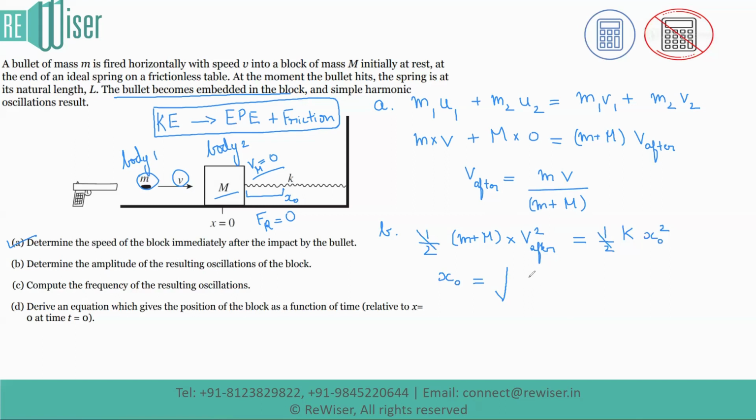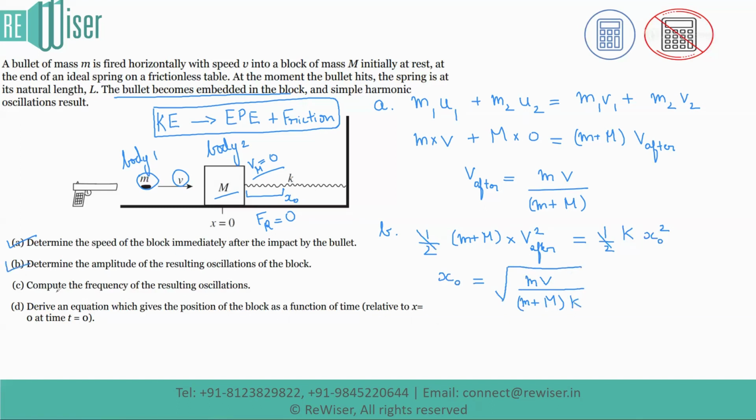So I get small m into V divided by small m plus capital M, into the square root of 1 over k, whole under the square root.